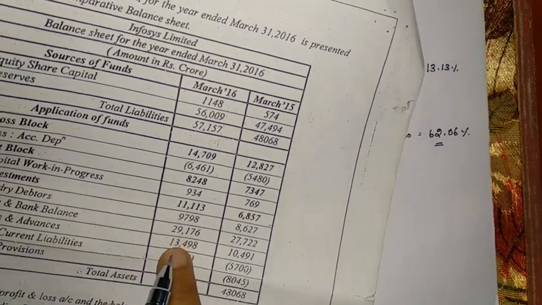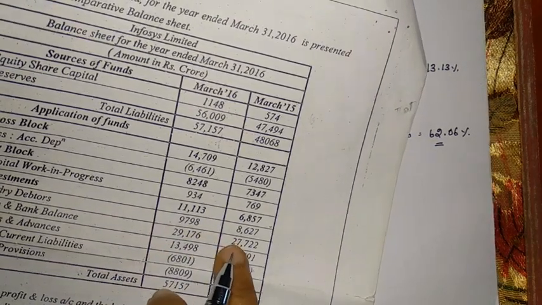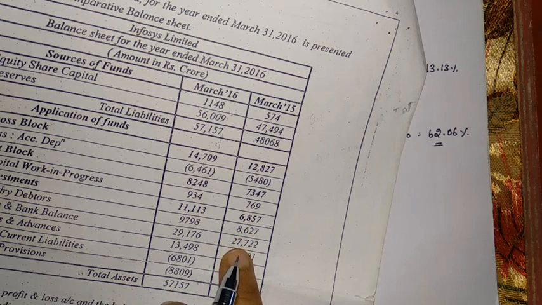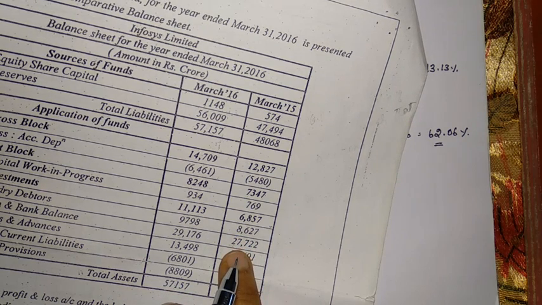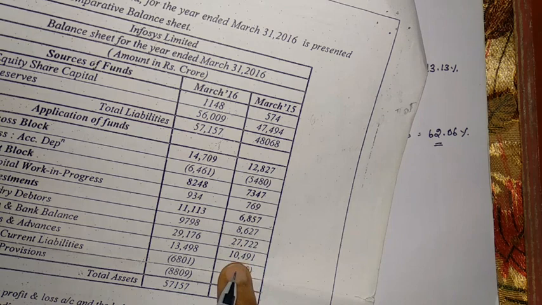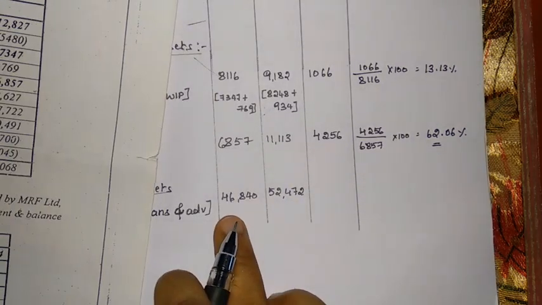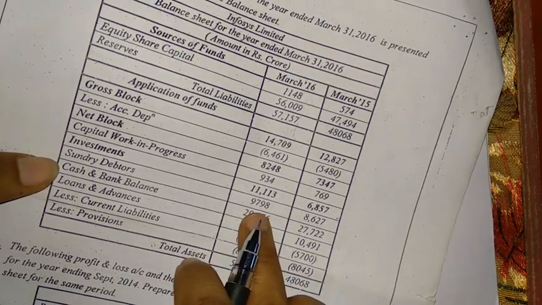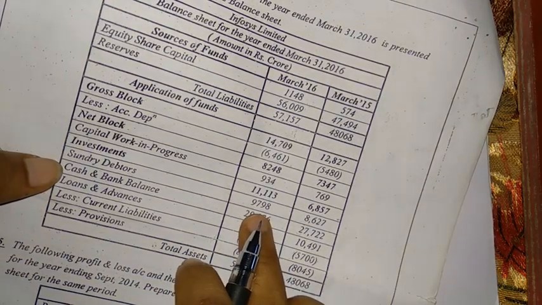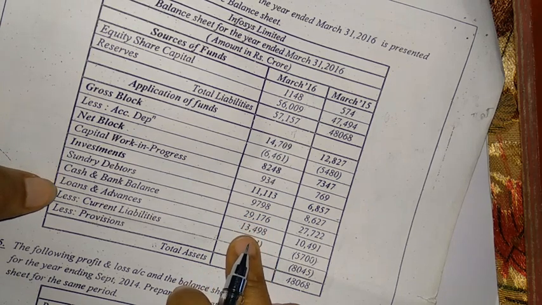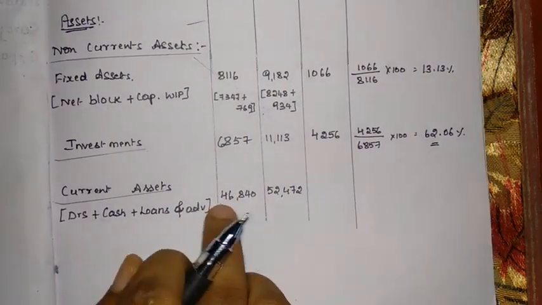Base year value of sundry debtors 8,627, cash and bank balance 27,722 plus 10,491 loans and advances. So it is 46,840. And in the current year, 9,798 debtors, cash 29,176, loans 13,498, total is 52,472.